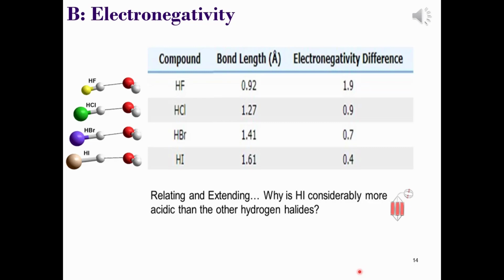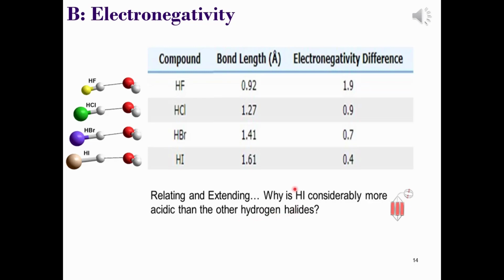On this slide, we're going to think about relating and extending our knowledge, which is something we said we would do in the last video. So we've considered electronegativity and bond polarity, and the question being asked is, why is hydrogen iodide considerably more acidic than the other hydrogen halides?